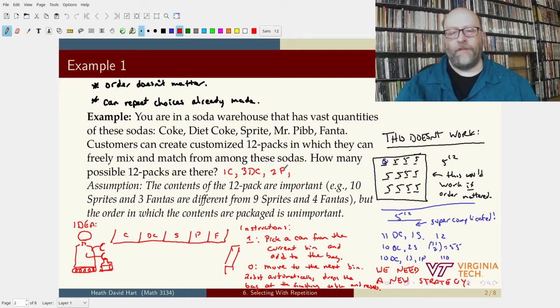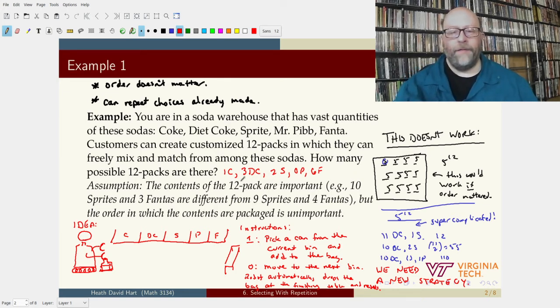I said 2 Sprites. I don't know why I wrote a P for that. 2 Sprites, no Mr. Pibbs, and then 6 Fantas. Okay.